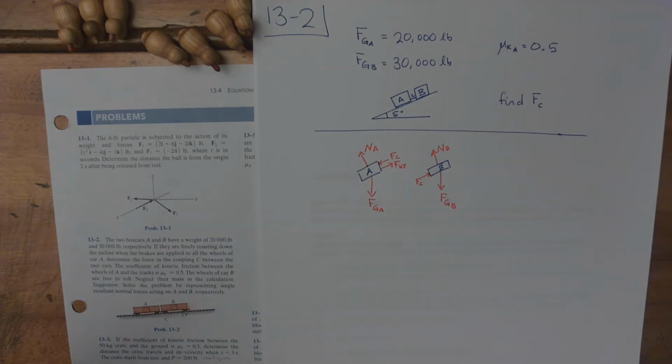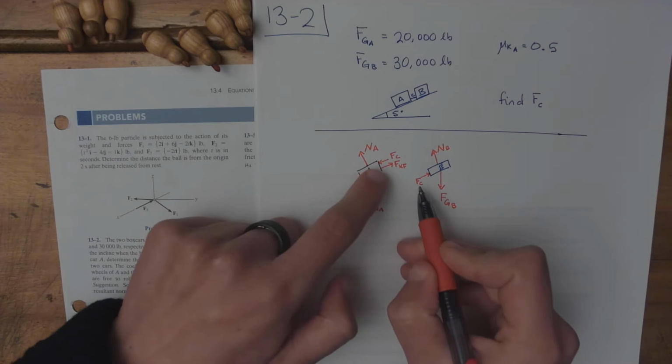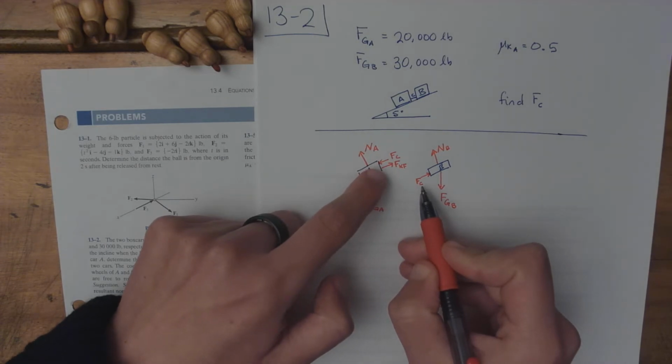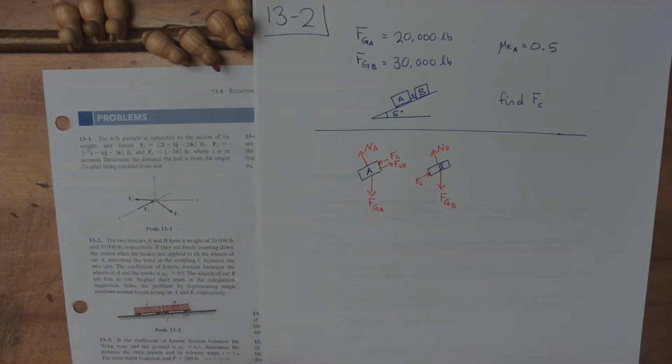Now, if you were to look at the whole system of A and B and coupling C together, then these forces should cancel out because that's an internal force. They have the same magnitude in the opposite direction, and thus they do cancel out.